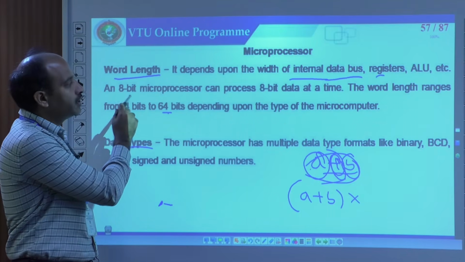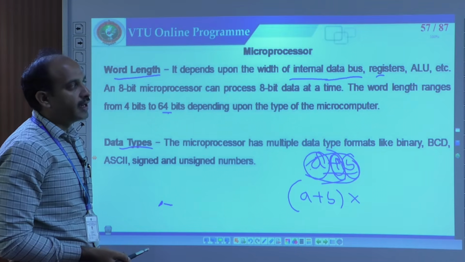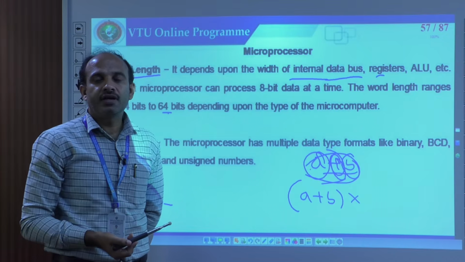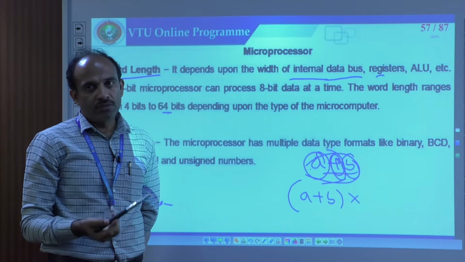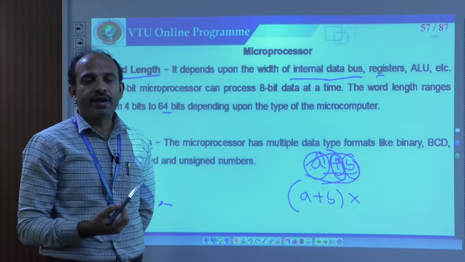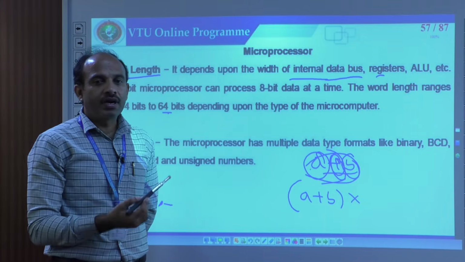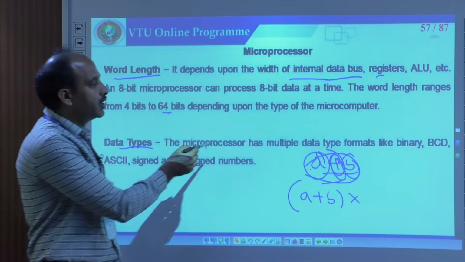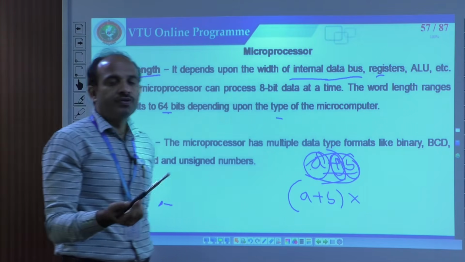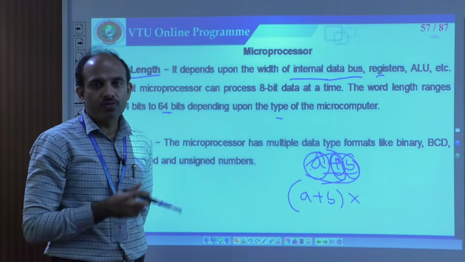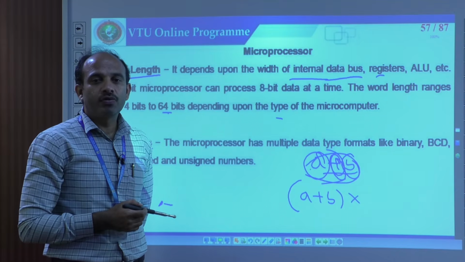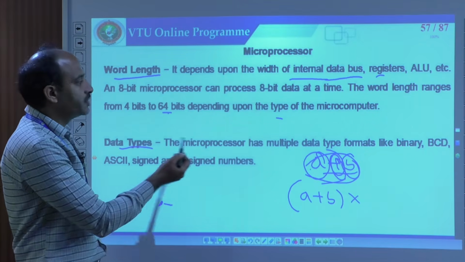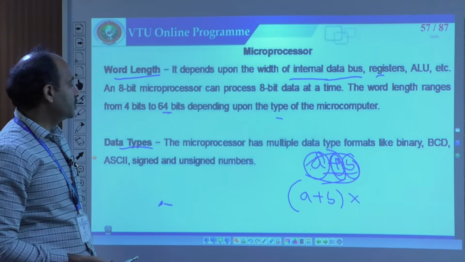If it is 8-bit, it will process only 8-bit data at a time. If it is 16, it will process 16-bit data at a time, and if it is 32, it will process 32-bit data. At a time it will process only that many bits, depending upon the type of the computer. Similarly 64. It all depends on which type of computer you are using.